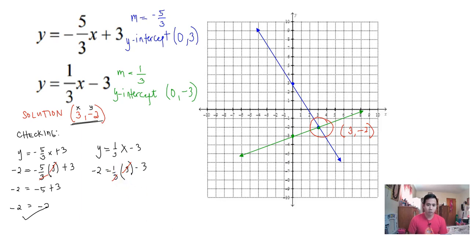So I have -2 is equal to the remaining 1 here, minus 3. So 1 minus 3 is basically negative 2, so they are equal. If both equations are equal, then you can now say that your solution is correct also.